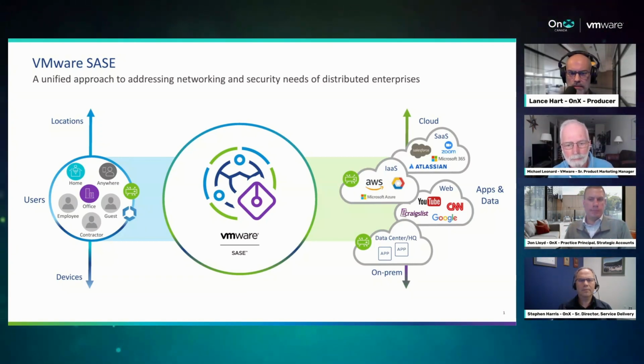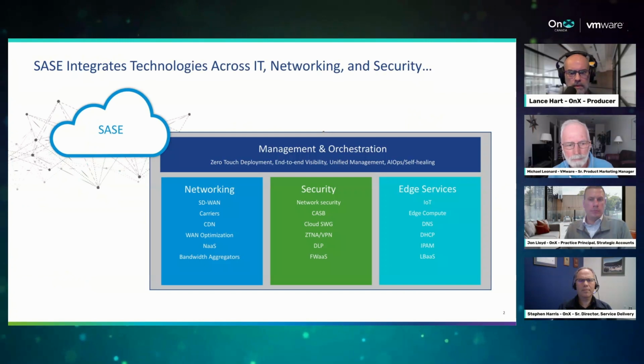Gotcha. Okay. Anybody else have anything to add there? So Lance, I think one of the things when we start talking about SASE, VMware SASE, in our opinion, brings a lot of value to the table beyond what maybe the initial phase one of SASE was, right? Along the way, somehow big security vendors got a hold of SASE and tried to make it a firewall in the cloud.